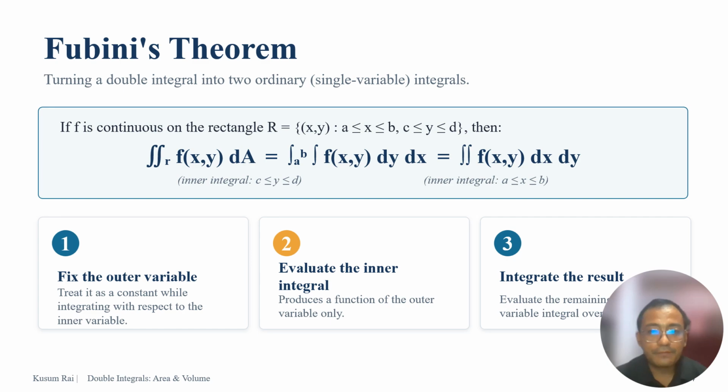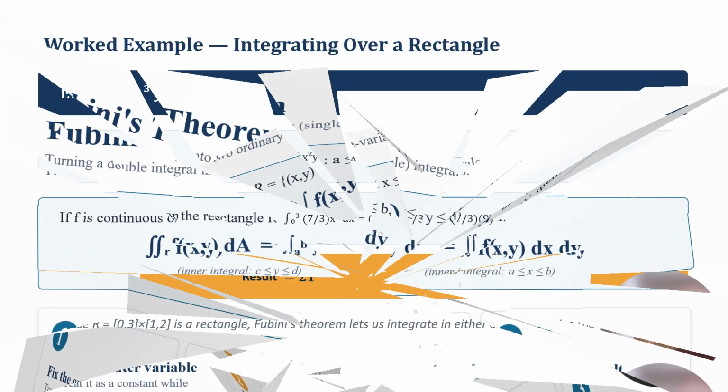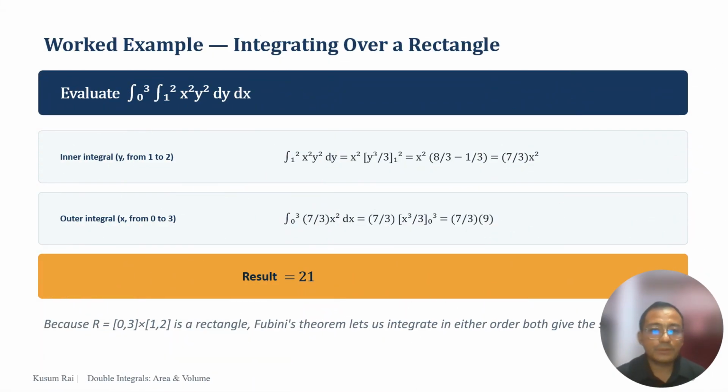Okay, for the next, worked out examples, integrating over rectangles. Evaluate the integral from 0 to 3 and the integral from 1 to 2 of x squared y squared dy dx.